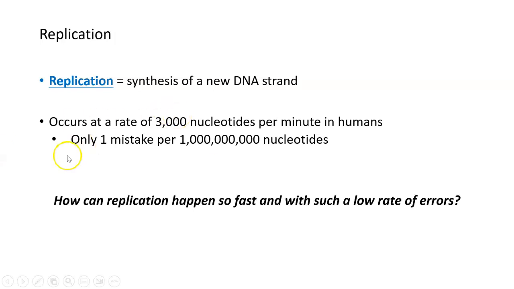And so I'm going to talk a little bit about how replication can happen so quickly, and several things that make it happen so fast, in this portion of the lecture. And then in our next portion of the lecture, I will discuss how there's such a low rate of errors in the replication process.